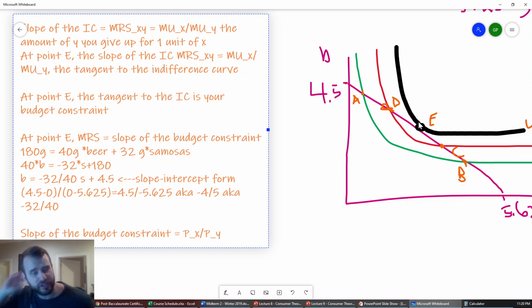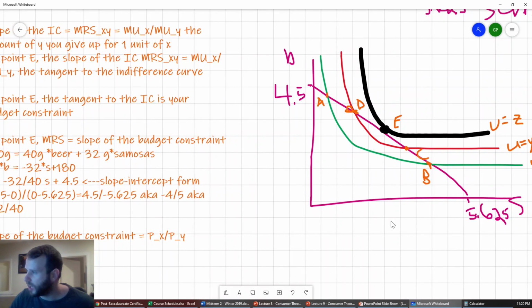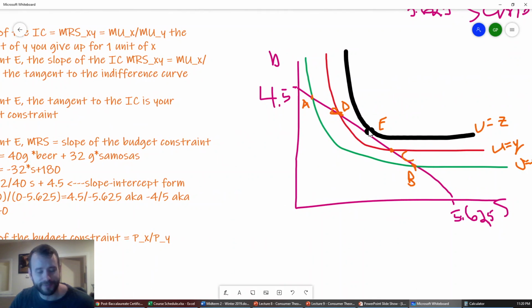But only one of those indifference curves is going to have a point that is tangent to the budget constraint, i.e., only one of those indifference curves is going to cross the budget constraint at only one point. That point was E, right? So this is the highest possible indifference curve you can have that's still touching the budget constraint.